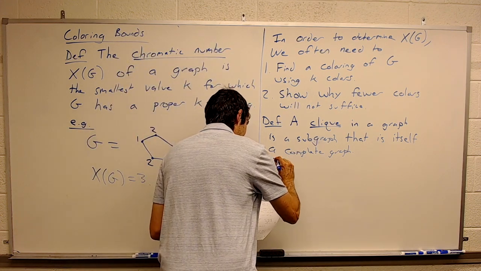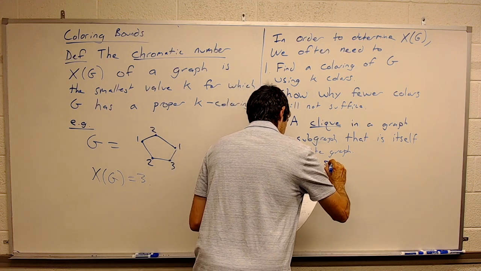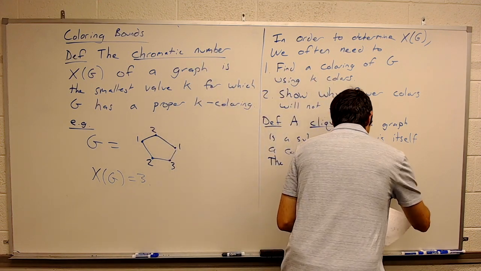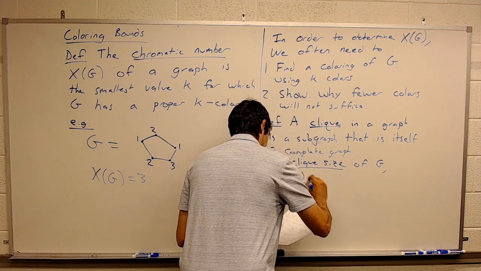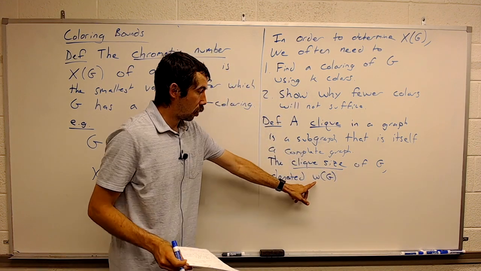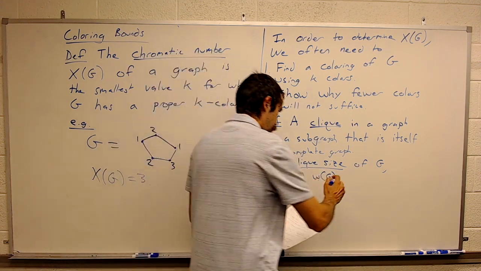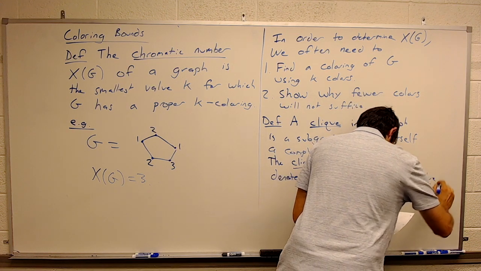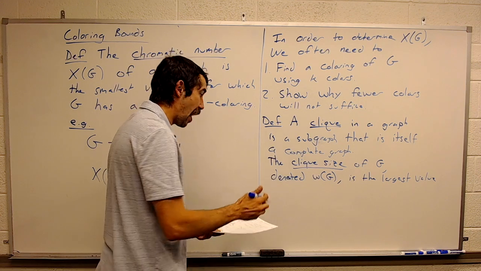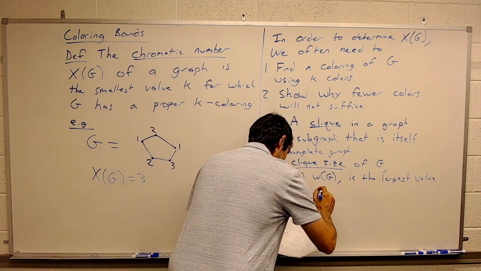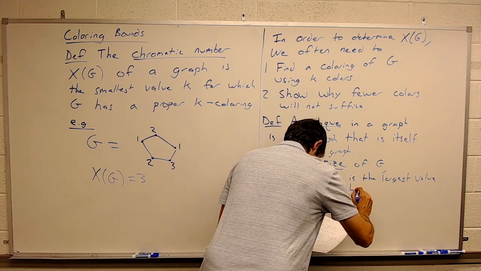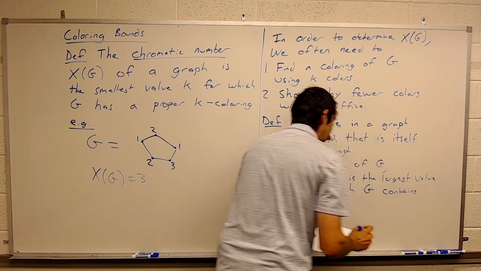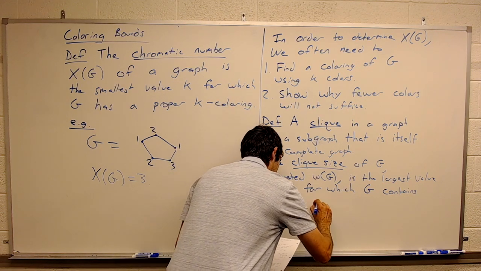The clique size of the graph, which we denote by omega of G, is the largest value of n for which G contains K_n as a subgraph.